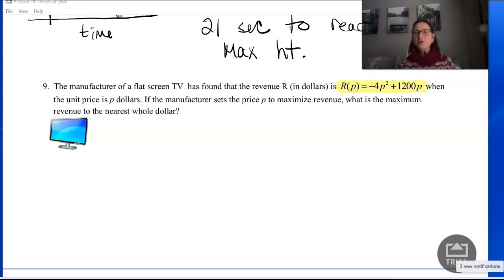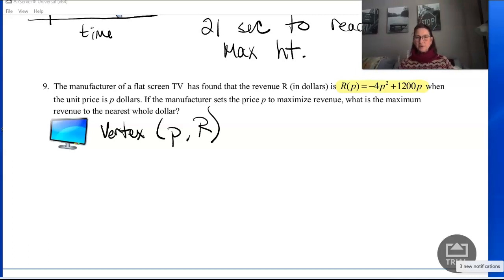So when the unit price is p, we want to find out if the manufacturer sets the price to maximize revenue, what is the maximum revenue going to be? All right. So our vertex is going to be our price, and then our revenue is going to be like your y.